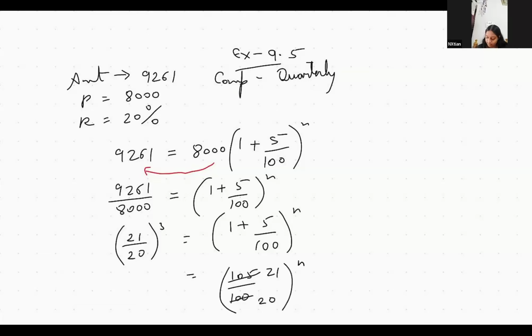And here it will be 21 by 20 raised to the power 3.